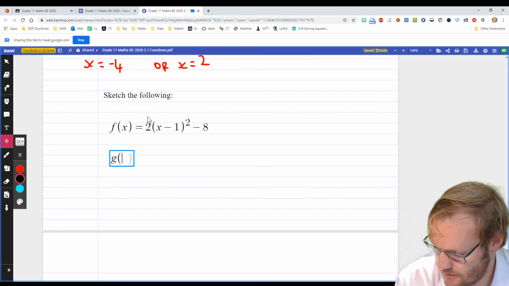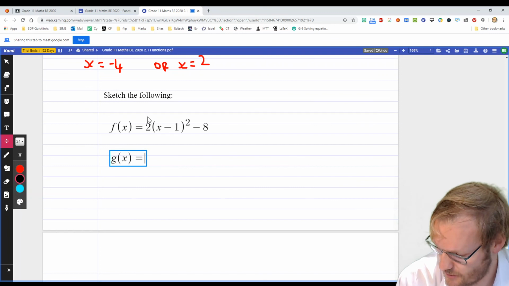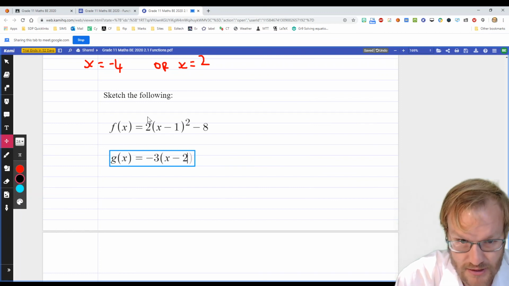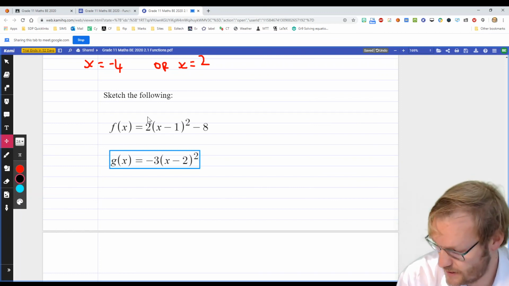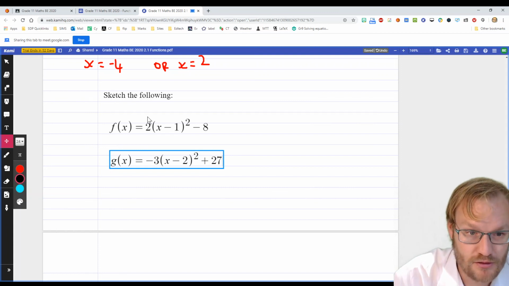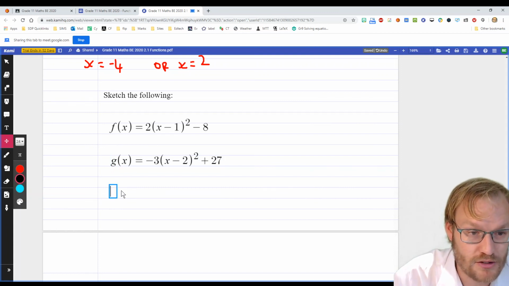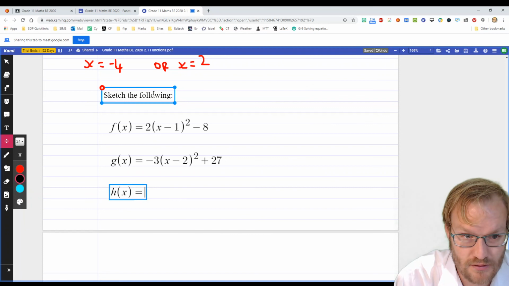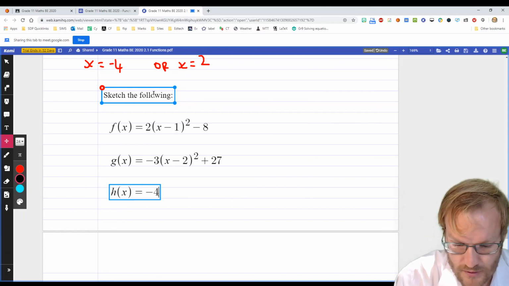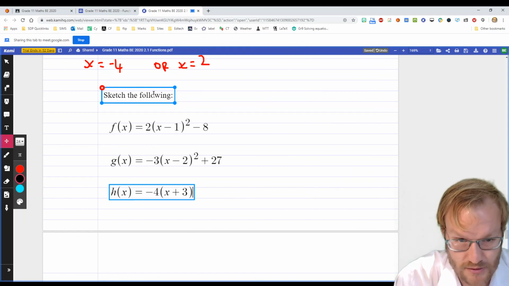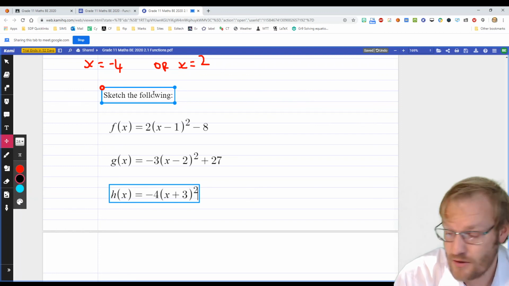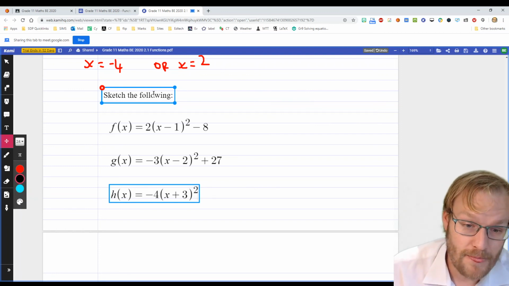Then the next one was g of x equals minus 3x minus 2 squared. And the last one, minus 4x.